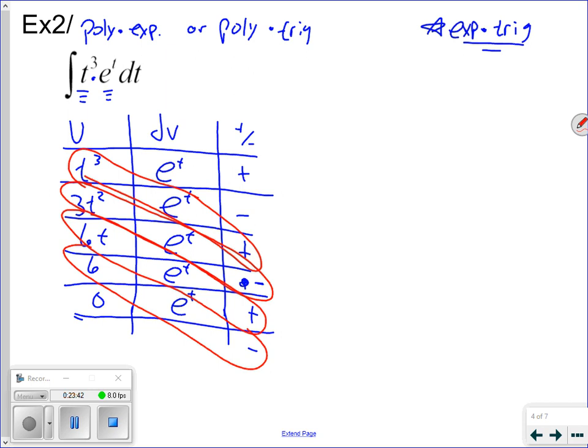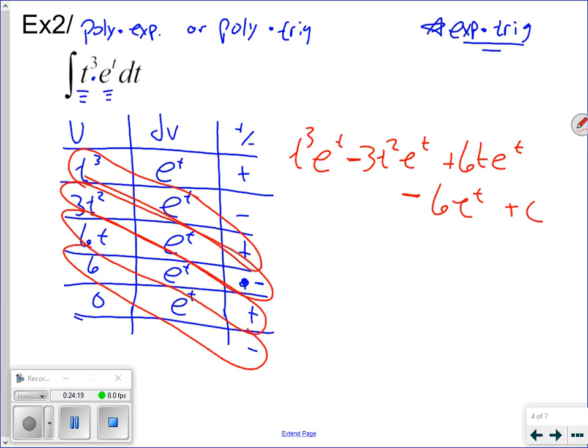So my final answer is, if I multiply those together, I have a t cubed e to the t, and then the second diagonal, it's a negative, because we have positive, positive, negative, so that's a minus 3t squared e to the t. The third diagonal, it's positive, positive, positive, so this is just plus, and that's 6t e to the t, and then minus, because it's positive, positive, negative, 6e to the t plus c.